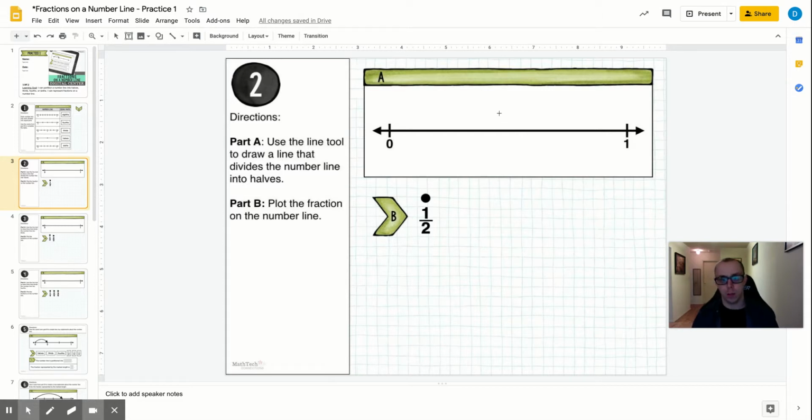So it's right down the middle as best you can using your visual reasoning. Okay, here's the line. And now I'm going to plot 1/2 on that line. And there you have the fraction 1/2 represented on this number line.